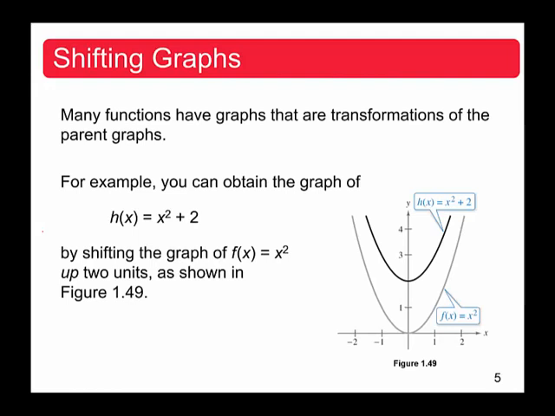Many functions have graphs that are transformations of the parent graphs. For example, h of x equals x squared plus 2 comes from the parent function f of x equals x squared. We call that a second degree polynomial function, a square function.